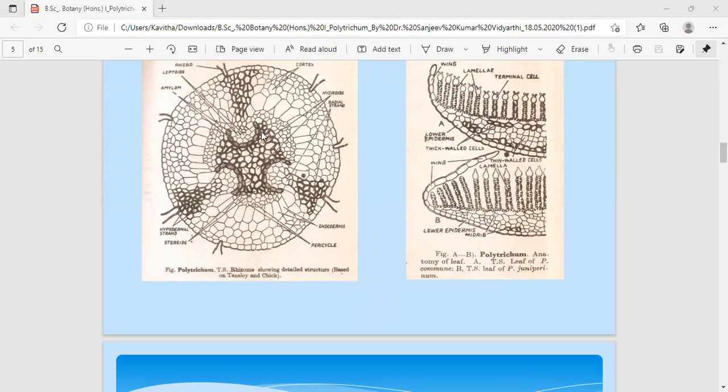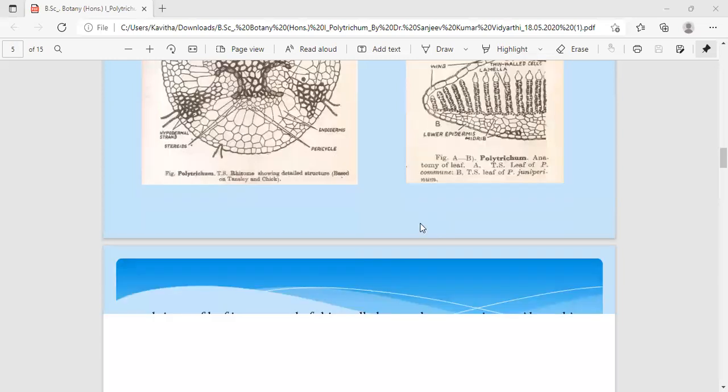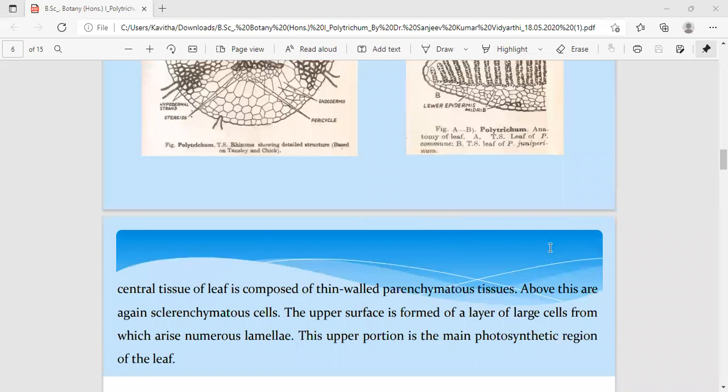Next. So this central medulla is again differentiated into a central zone and a peripheral zone. Whereas the cells of the cortex are thick-walled cells, and the innermost layer of the cortex consists of the conducting strands, which are called the mantle, and its cells contain starch grains for storing the food material.